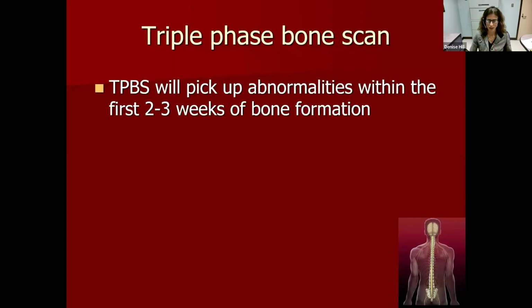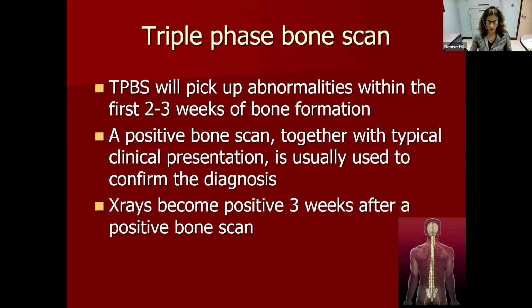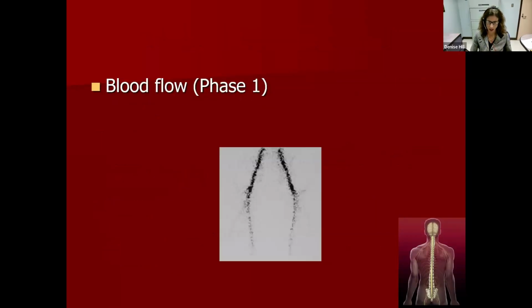Here's some information about the bone scans. The first 2 or 3 weeks of this process will manifest on the bone scan, so it's usually one of our most commonly chosen investigations. We would only find positive x-rays 3 weeks after the positive bone scan. And then we can use ultrasound as well sometimes.